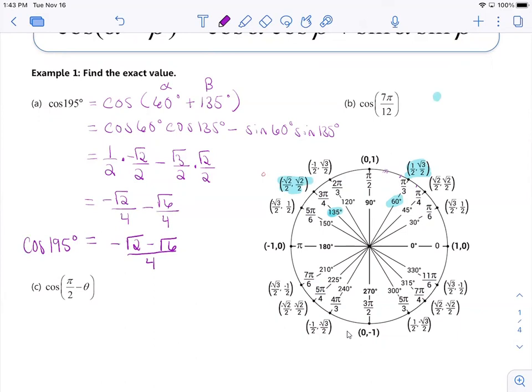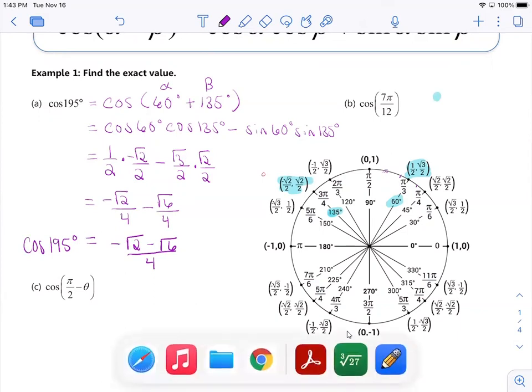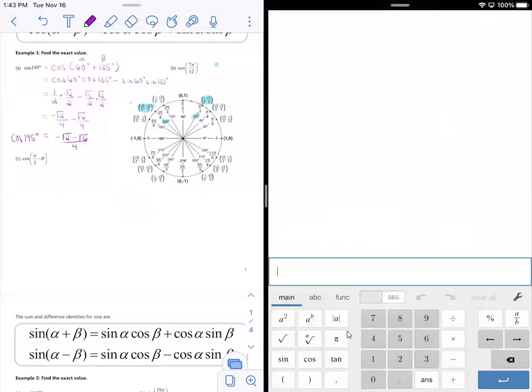If I were to go to Desmos, let's make sure we're in degrees because 195 is in degrees. I do cosine of 195 degrees and I get out that decimal. But realize in your homework and in class, I'll always ask you for the exact value. So you cannot give me the decimal, and you cannot use your calculator.